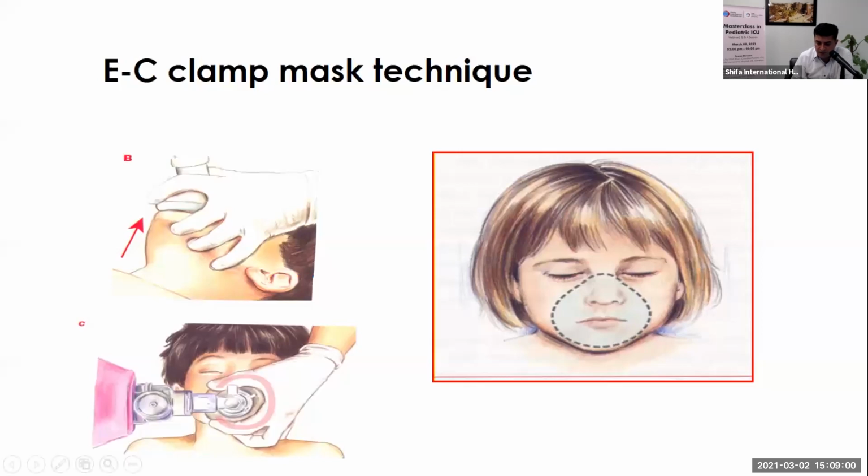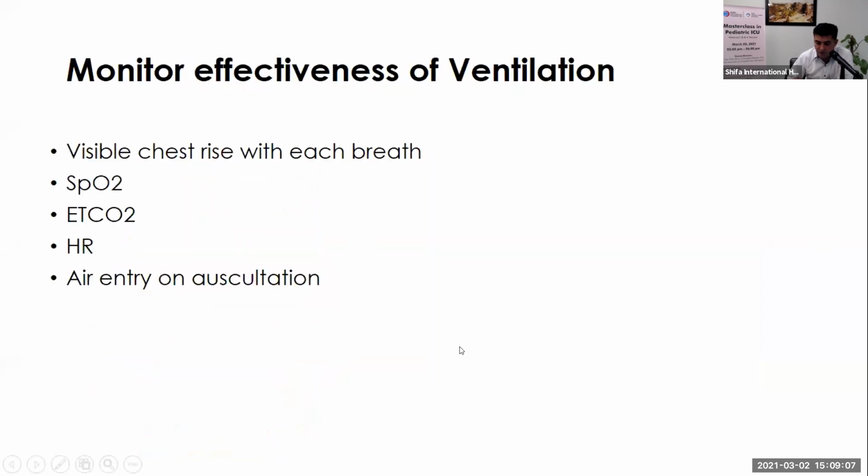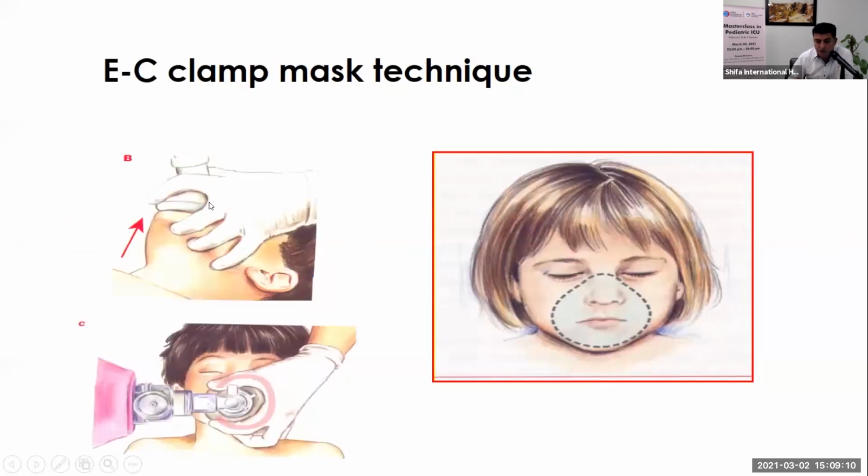Your thumb and your index finger produce a C, and your three fingers which are below the chin make an E. Usually in pediatrics, a single person can provide the EC technique in a single patient. But if it's an adult patient, or if there is a significant leak or a lot of resistance, then two persons can do it: both hands of one person will produce the EC, and the other person will be doing the bagging.